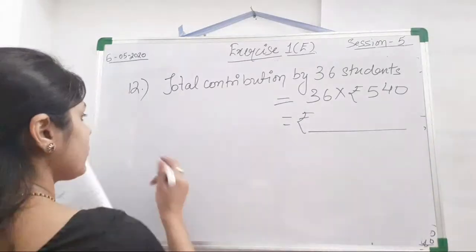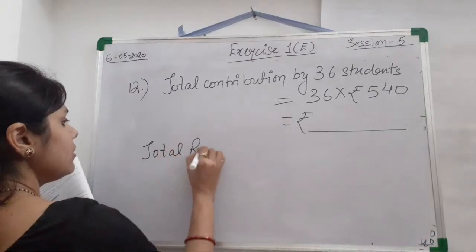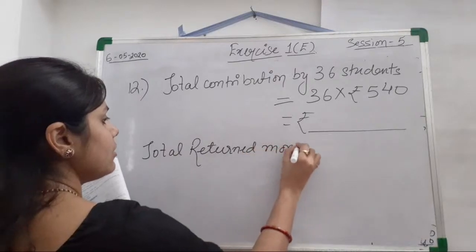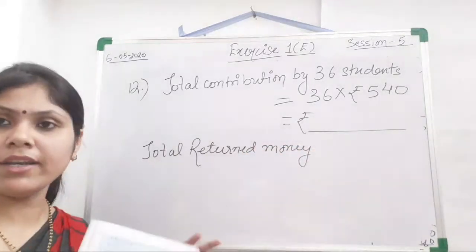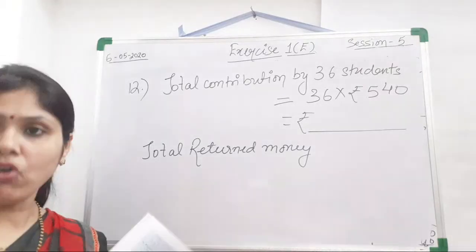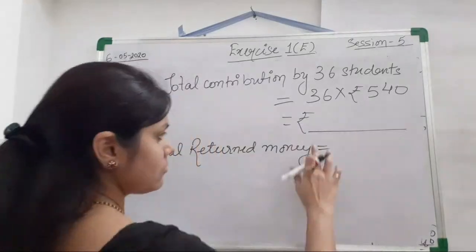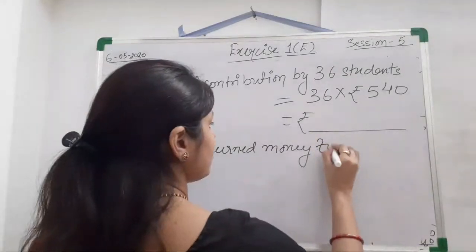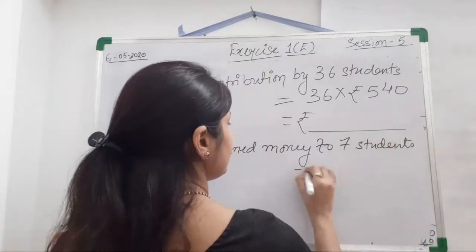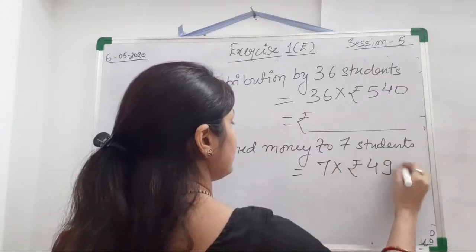Now total returned money. To how many students is money returned? 7 students. And how much? Rupees 490. So it will be 7 into rupees 490.